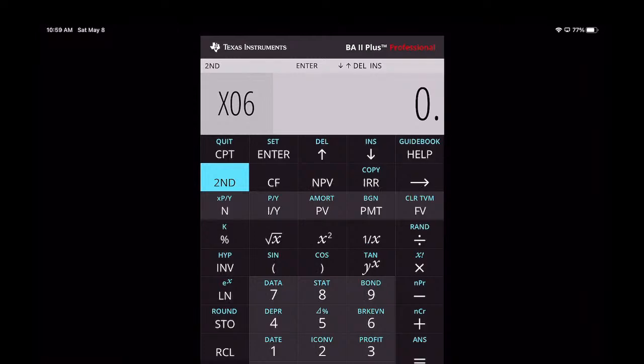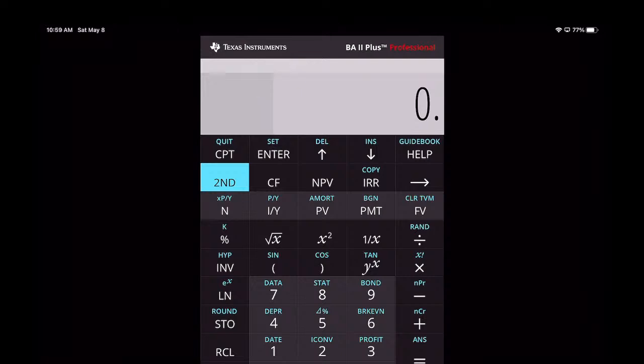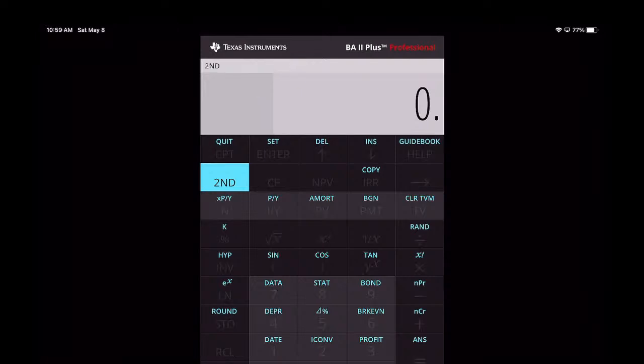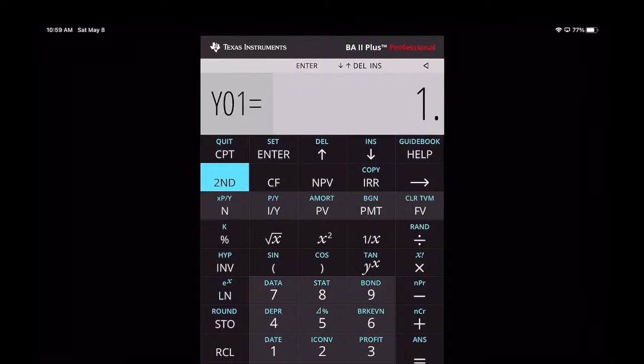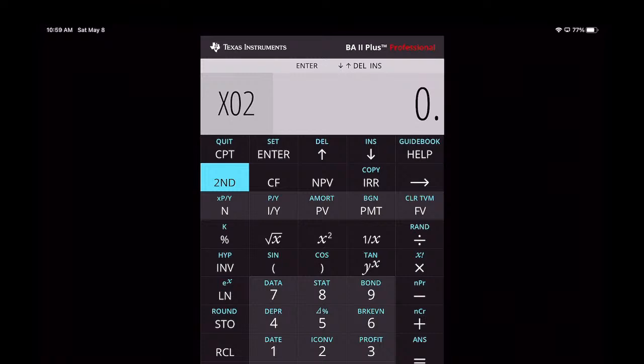Let's check first that we entered them properly. What happened? Try that again. 10.9, enter, down. Everything disappeared.